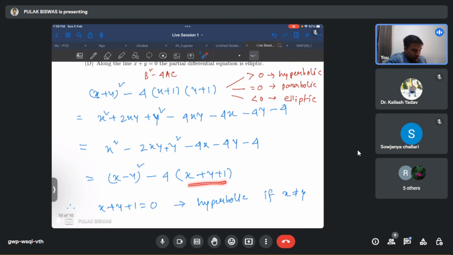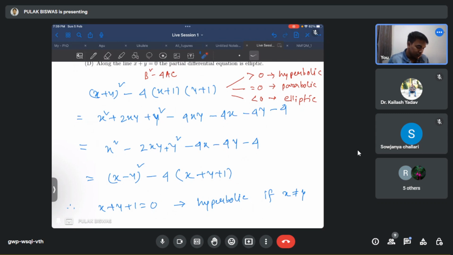Like if this one is 0, but maybe these are not equal, then this one will be positive, some value greater than 0, and this may be 0, no problem, no issue with that. So this may be the one case.